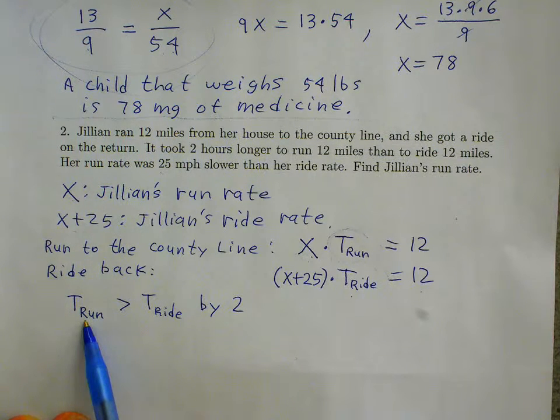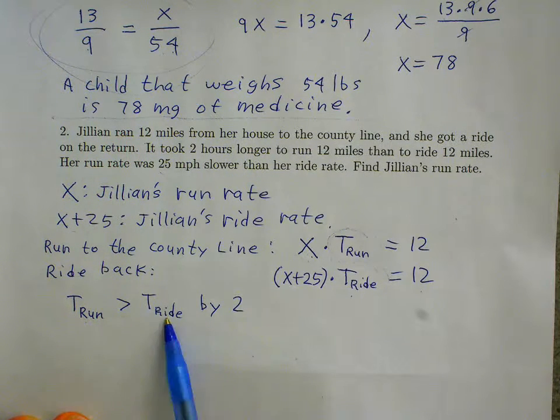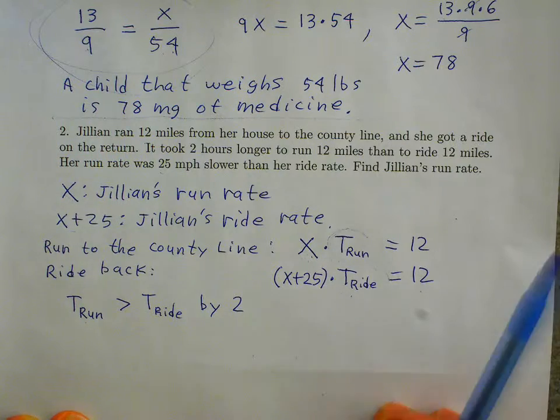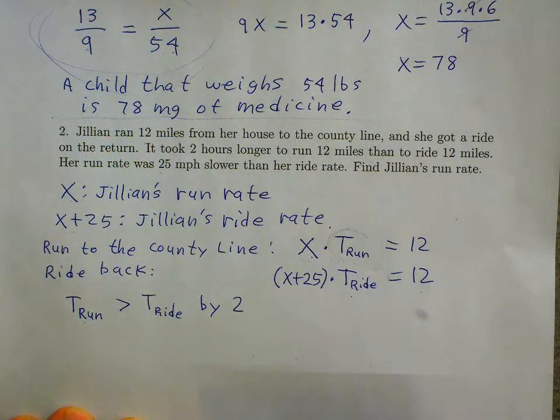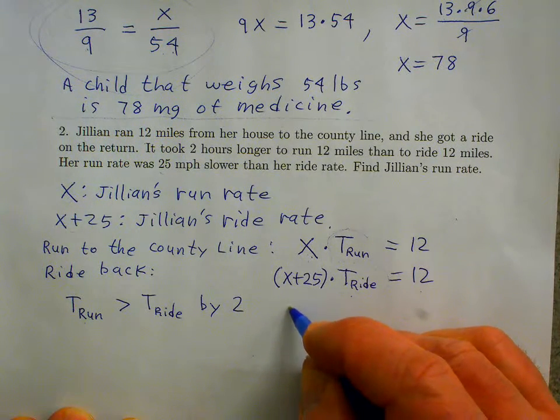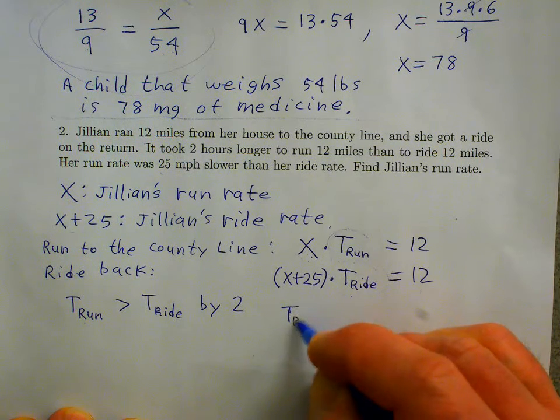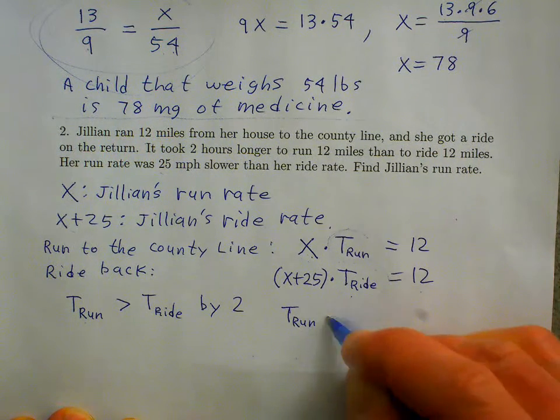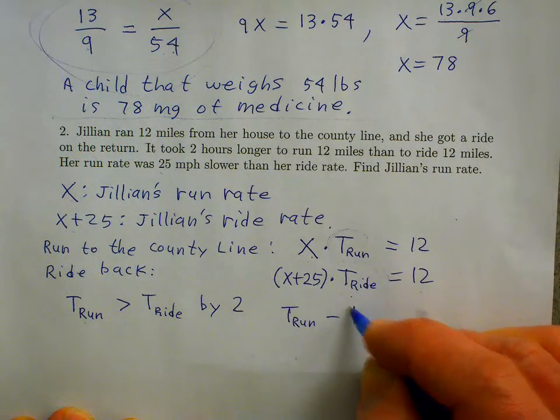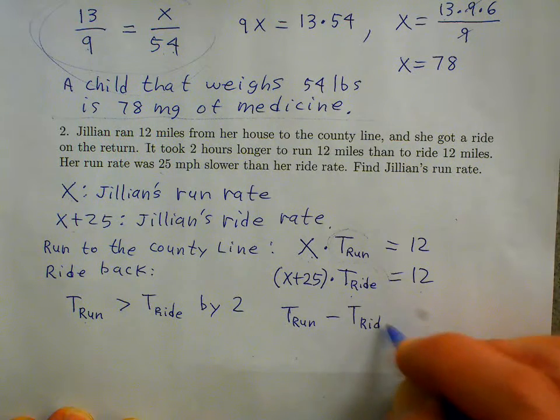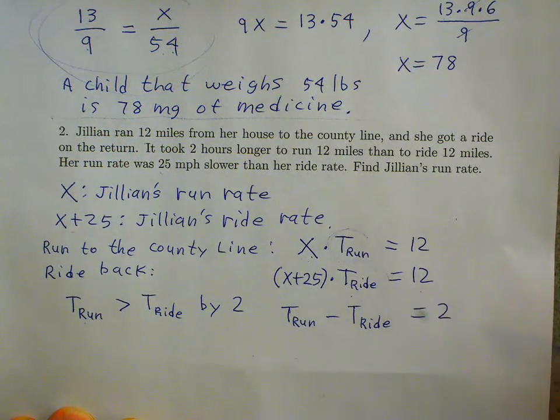Okay, this quantity, T sub run, is greater than T sub ride by 2. So one option, the one that I like best, is to subtract the smaller number from the larger number and we get 2. So that is the larger number, T sub run, minus the smaller number, T sub ride, equals 2.